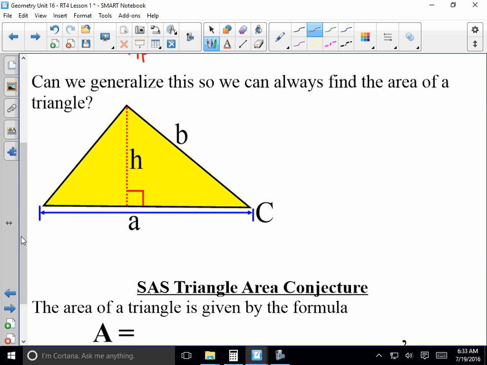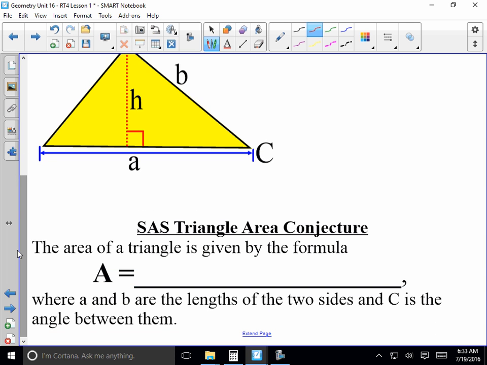So now, for any acute triangle, we want to work with this situation. If we have the two sides and the included angle, and that's the important part, our area formula is 1/2 side A times side B times the sine of C. Now know that these lengths and names can change.